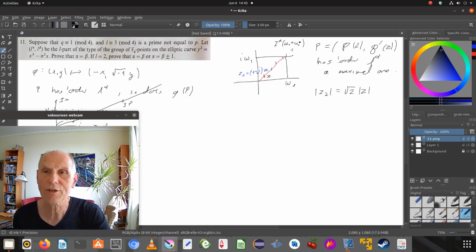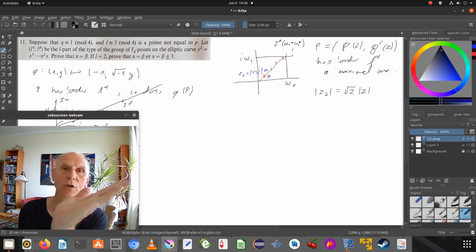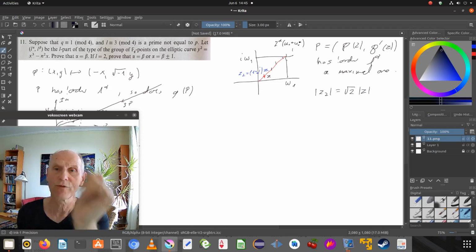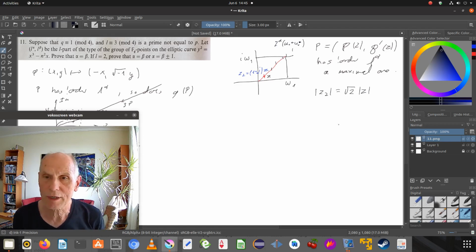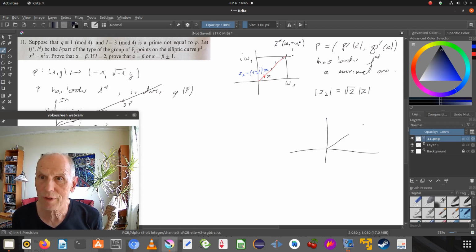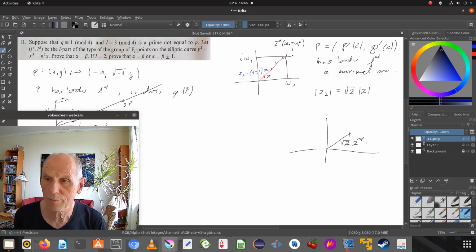So when we just turn it upwards to vertical, then, I need a bigger drawing here. This guy has length square root 2 to alpha times omega 1.